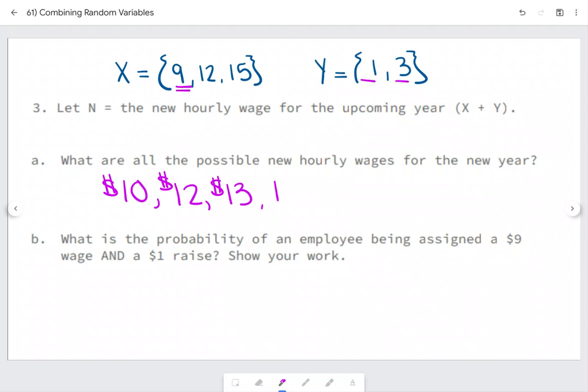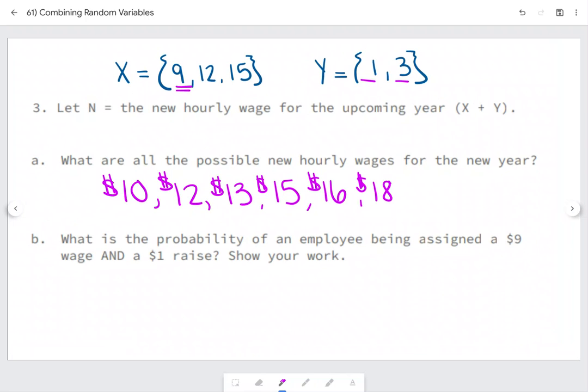We can have $15, $16, or $18. So those are all my possible new wages for the new year, depending on which combination happened. We also want to know, what is the probability of an employee being assigned a $9 wage and a $1 raise?